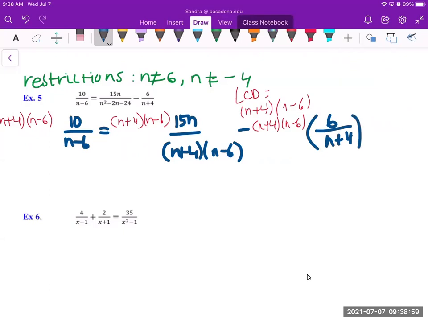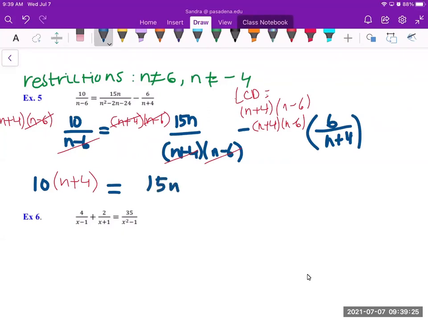When you do this, the reason is that you want to get rid of the denominators. You can see here that n minus 6 cancels out, and we get 10 times n plus 4, equal to, notice here, the n plus 4 cancels and the n minus 6 cancels, so you're done.